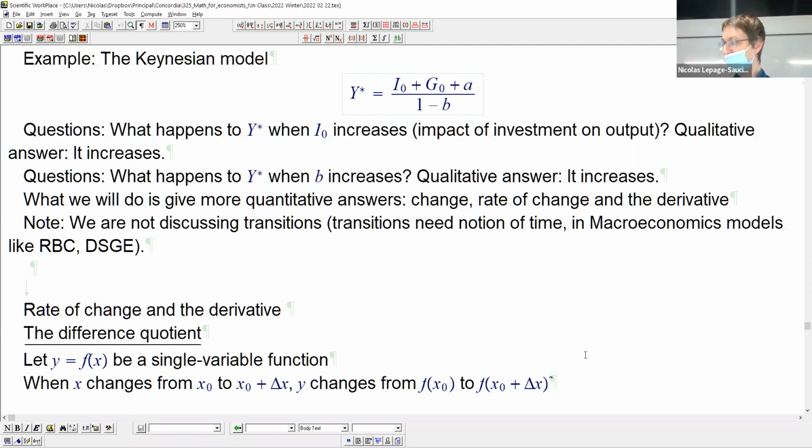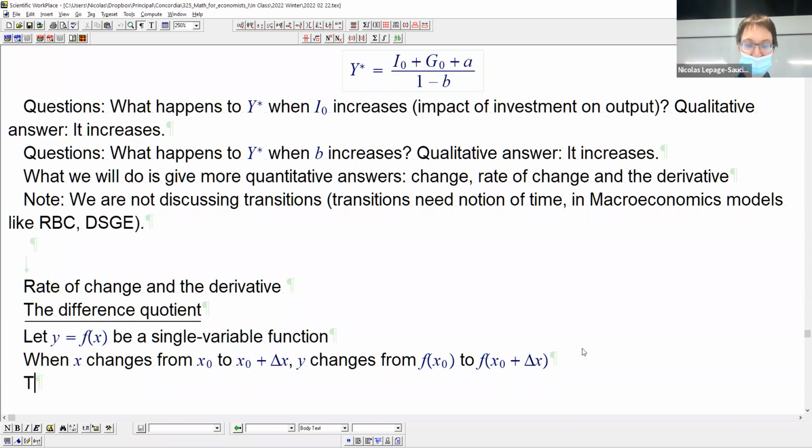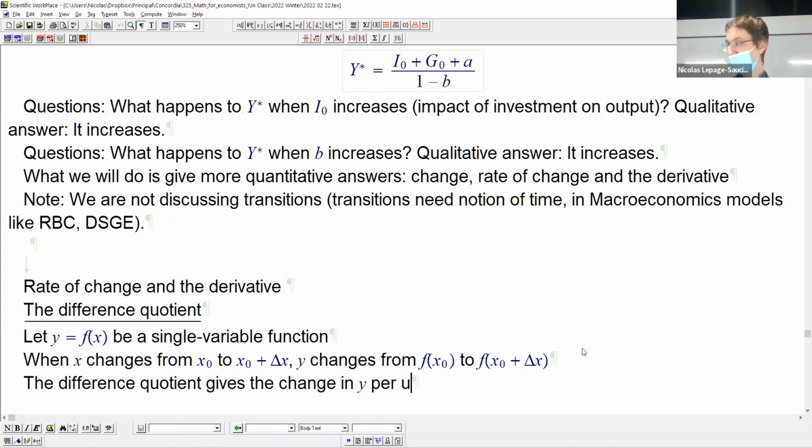So the difference quotient gives the change in y per unit change in x.